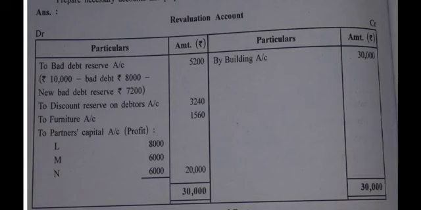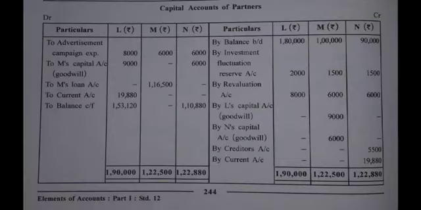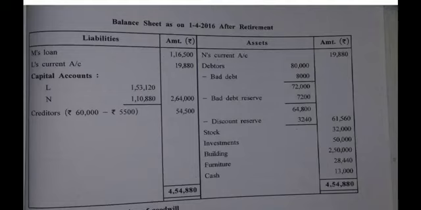For this we will check the new balance sheet to make it more clear. The calculation is presented here. Balance sheet asset side, debtors inner column: you can see 80,000 minus 8,000 as per your adjustment. This is bad debt. So 80,000 minus 8,000 gives you 72,000. Alright? And further they say that you should keep a bad debt reserve of 10%.